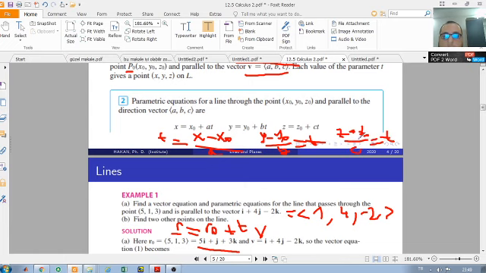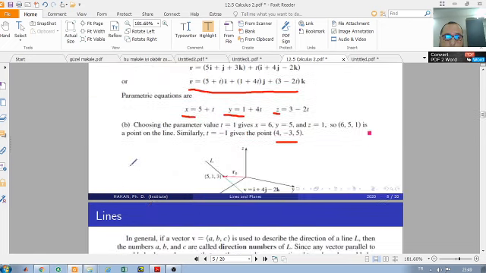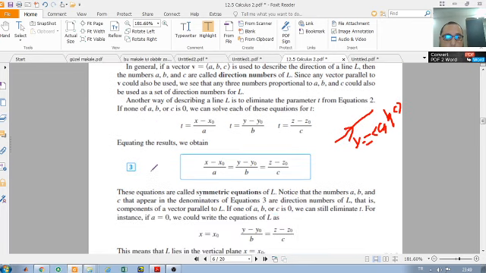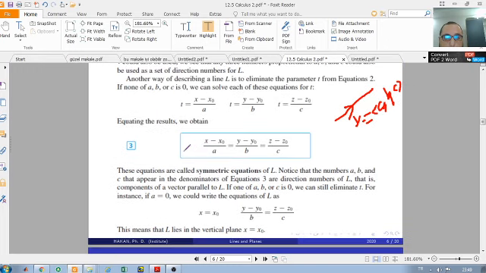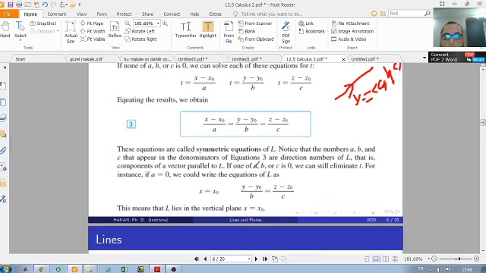We have the same parameter for each equation here. Therefore, by writing the results together, we obtain another form for an equation of a line in three-dimensional coordinate system, and these equations are called symmetric equations of the line.